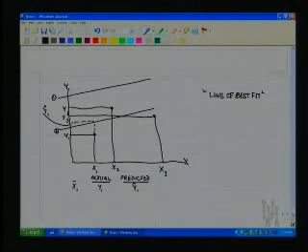No. When x equals x1, the actual value of y is y1. But if we focus on line 2, the straight line that runs through here, when x equals x1, the predicted value of y is not y1, it's whatever this point is on the y-axis.